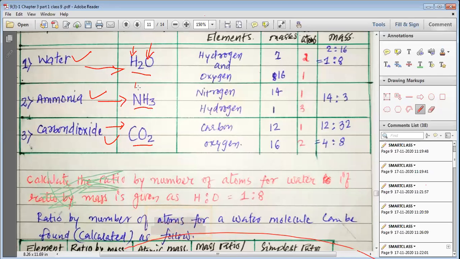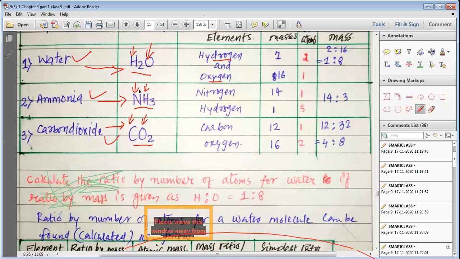Ammonia is made up of these elements, and carbon dioxide is made up of these two elements. H is the symbol for hydrogen, O is the symbol for oxygen, and that is why we can say that water has two elements, hydrogen and oxygen.